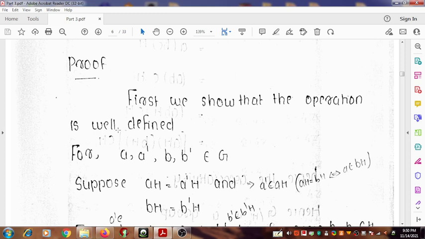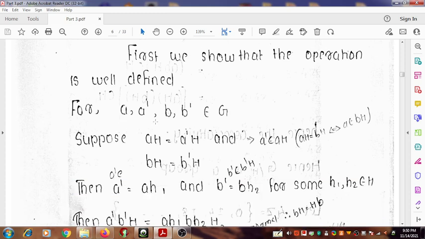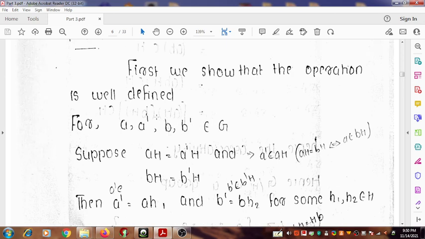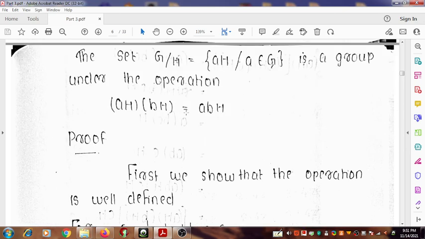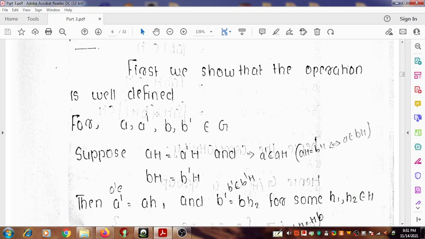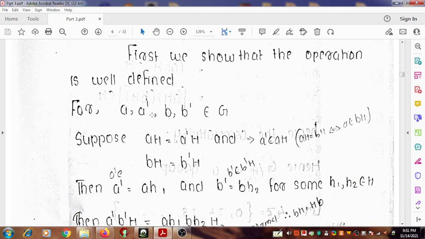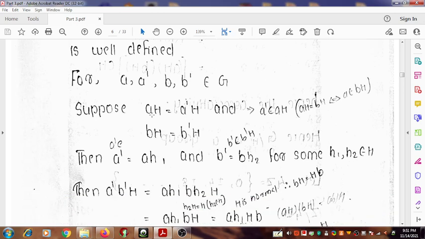For proving that it is well defined, let's take four elements of G: a, a prime, b, b prime. Four elements we take because we have to consider a pair of equalities of elements, and then combine them using that binary operation, and finally establish that it is well defined.